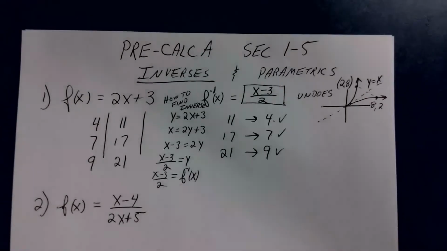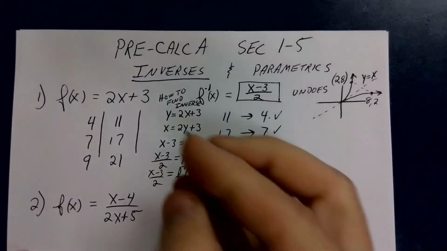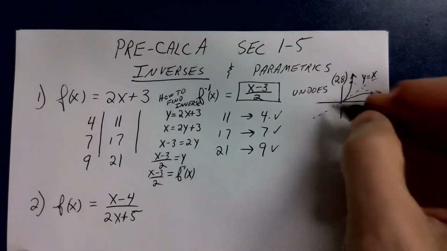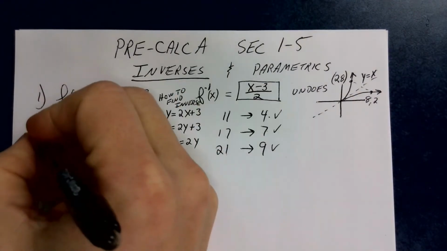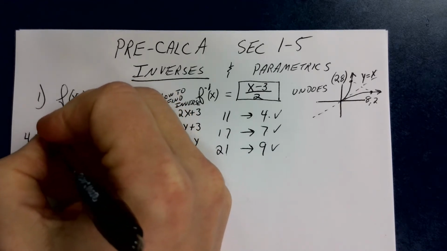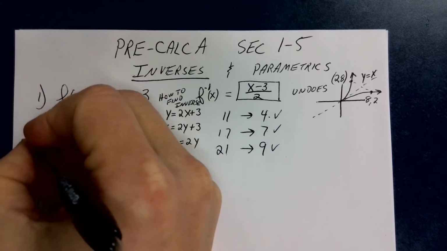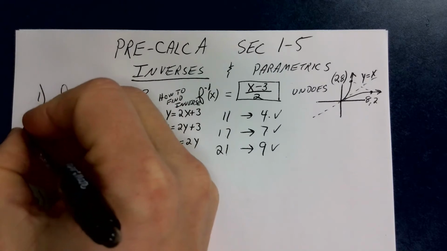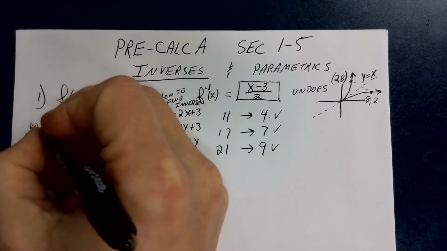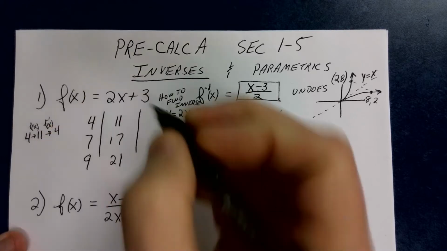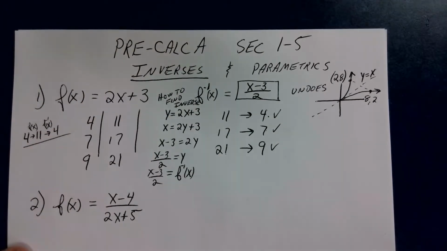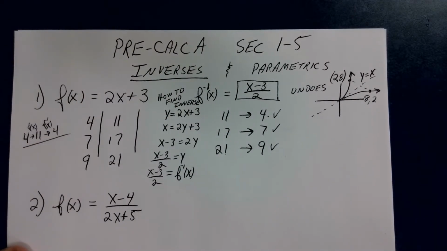So the next thing I want to show you is this. If I plug in 4 and I get out 11, this is f of x. If I plug that into the inverse of x, then I get out 4. So there's the first way to be able to show that it could be an inverse.